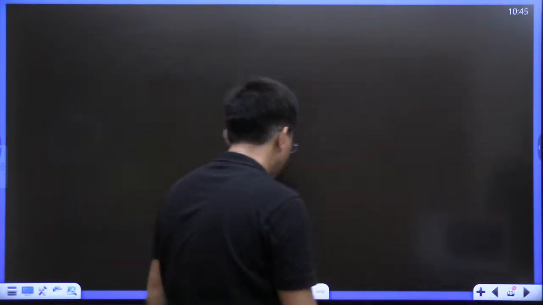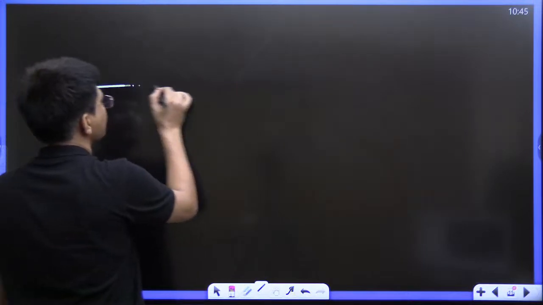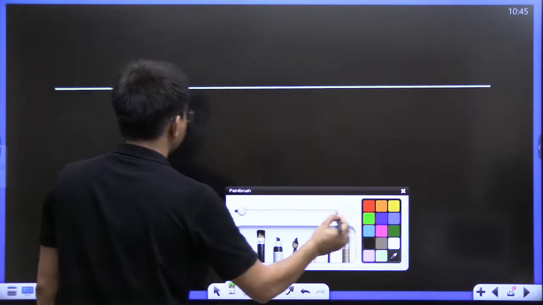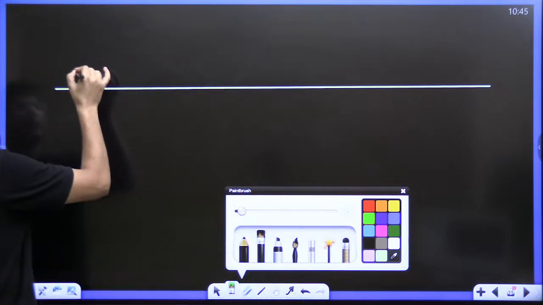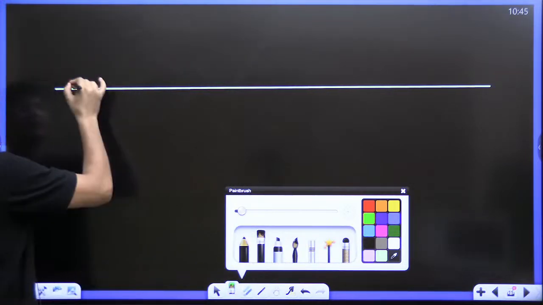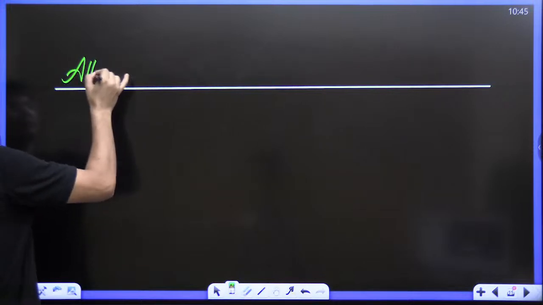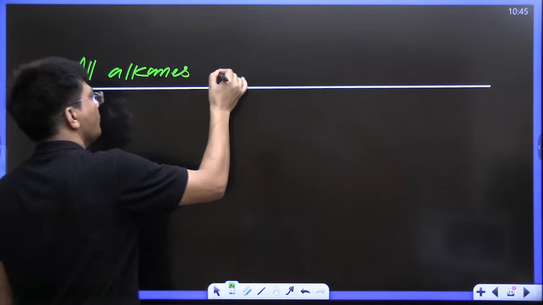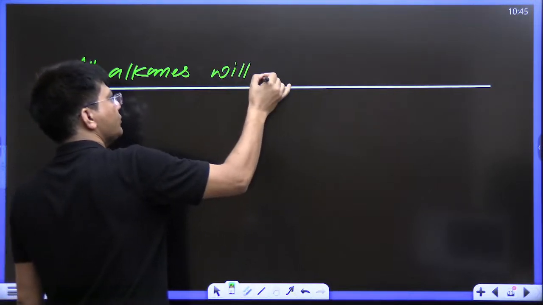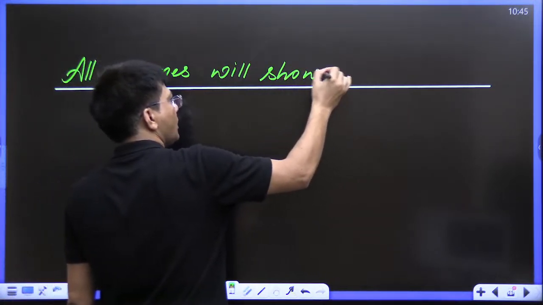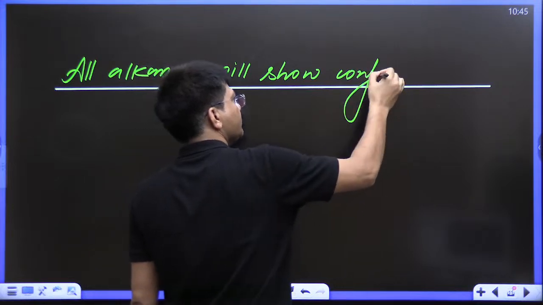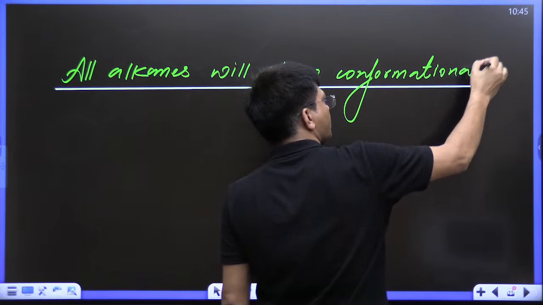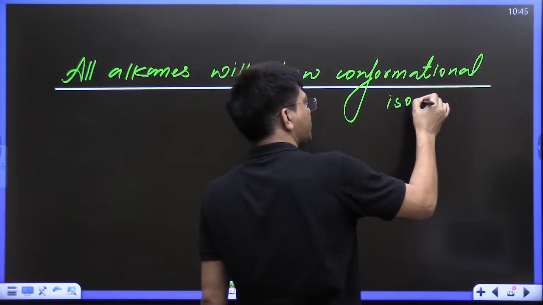So I can say very clearly all alkanes will show conformational isomerism except methane.